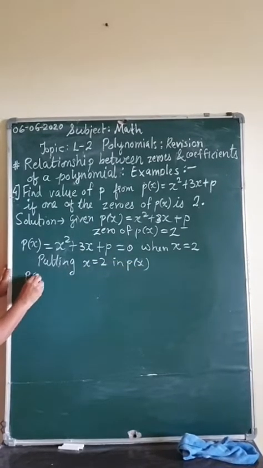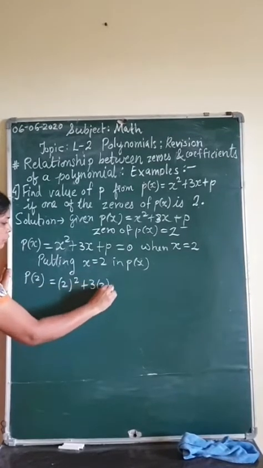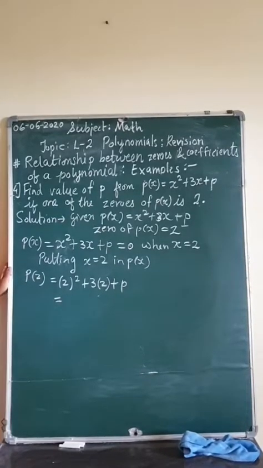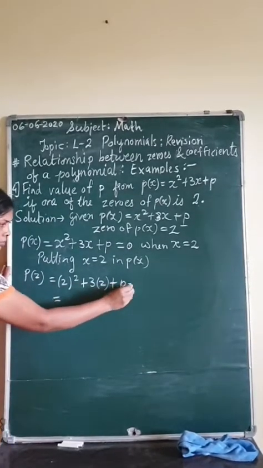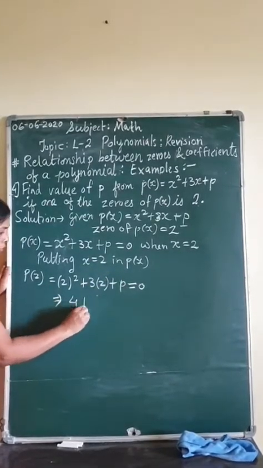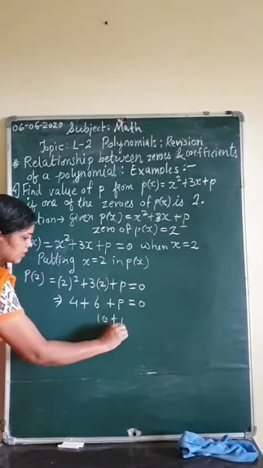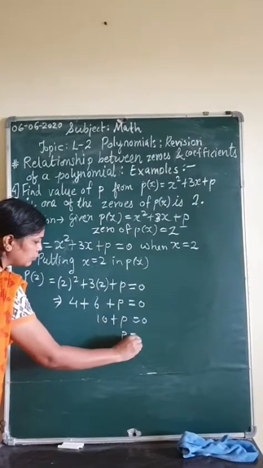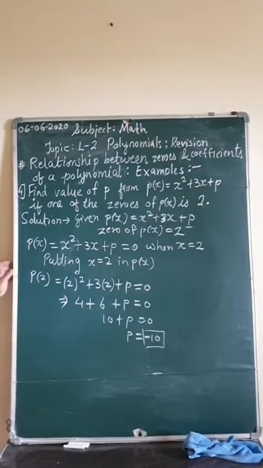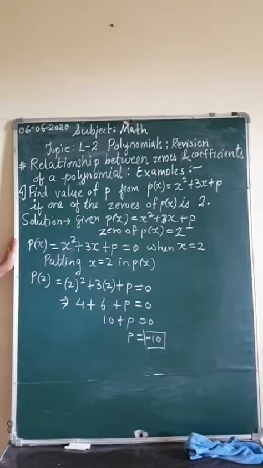We get p of 2 as 2 square plus 3 into 2 plus p, which is equal to 0, right? So here we get 4 plus 6 plus p is equal to 0. 10 plus p is equal to 0 and p is equal to minus 10. This is how we get the value of p as minus 10.